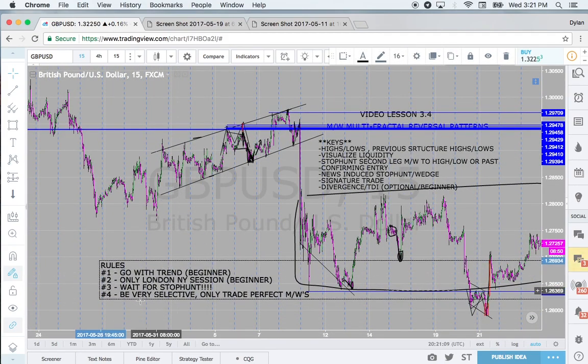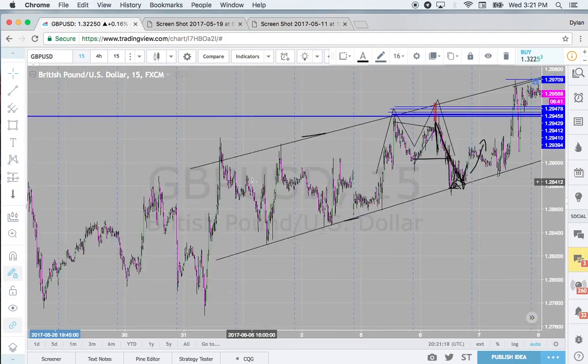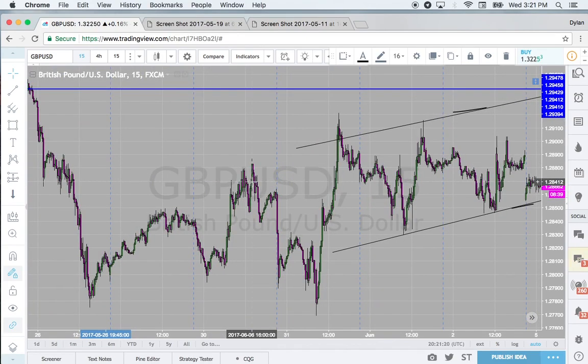Now, being very selective with your trades. This is a very important one. If you don't feel as if the trade is playing out the way you want it, or the M doesn't look like an M, or you're questioning it, you're questioning the stop hunt, you're questioning the confirming entry, then don't do it.